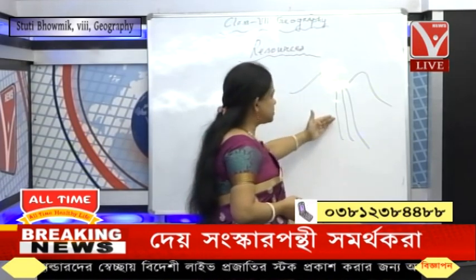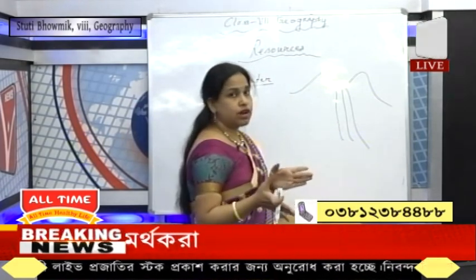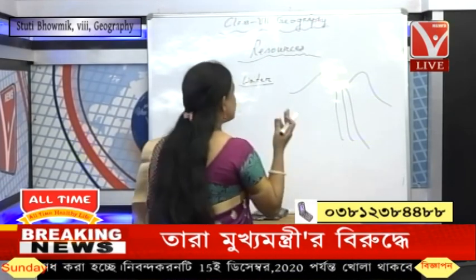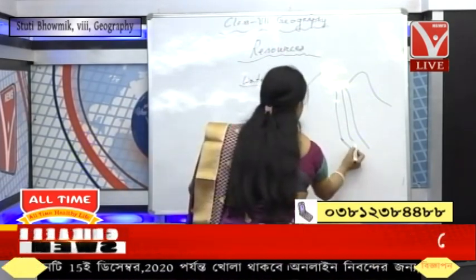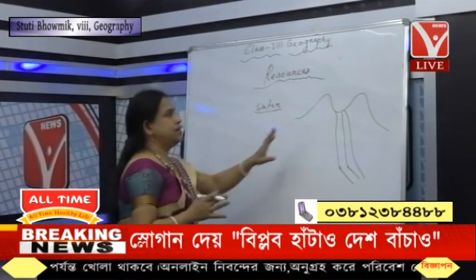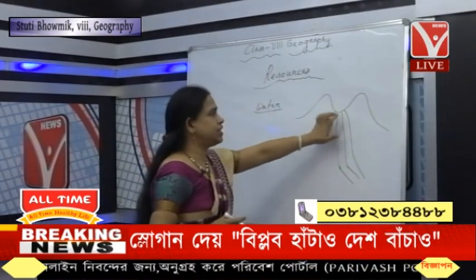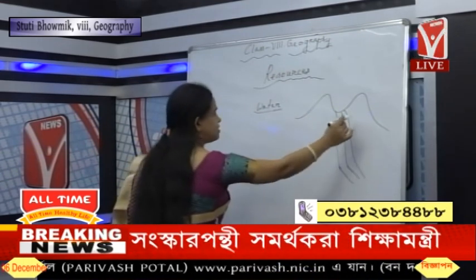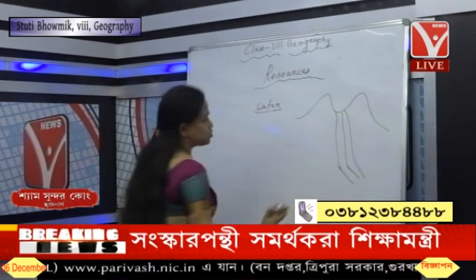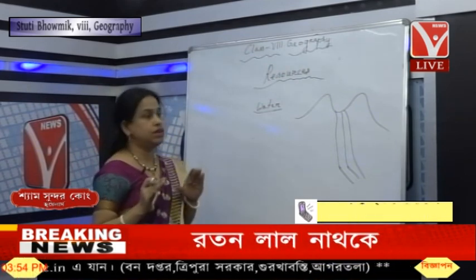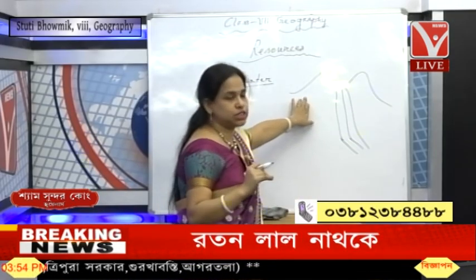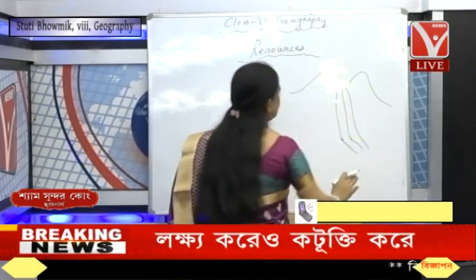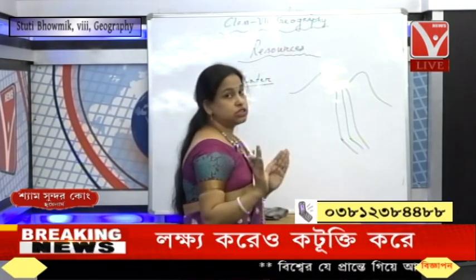So when the river is flowing voluminously, what happens? What are the things that could be identified in a river flowing through an undulating topography? This is not a plain region. I am talking about an undulating, uneven topography with a very high elevation, with a lot of height. So what happens when a river flows in this manner? What are the noticeable things?